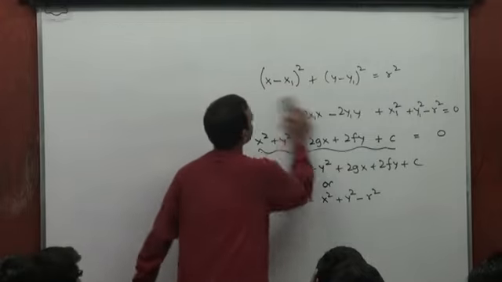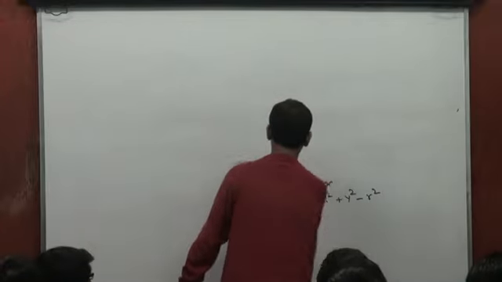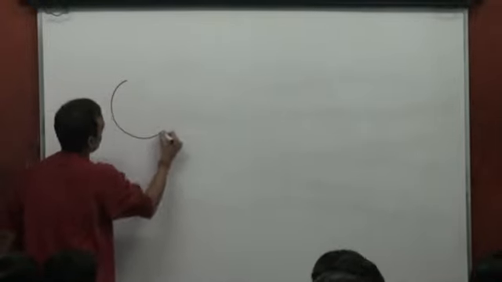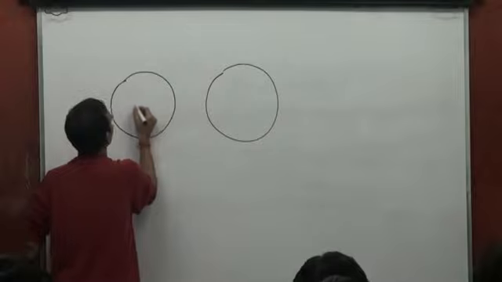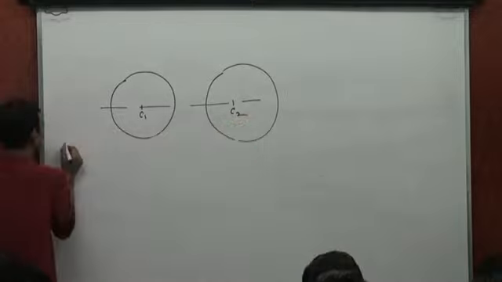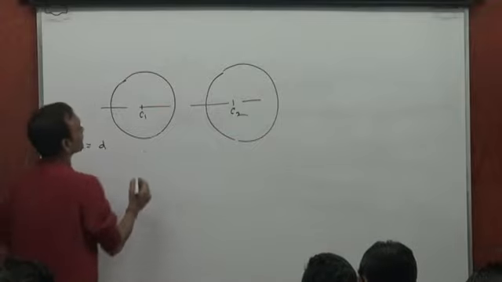Now, look, if there are two circles and the distance between their centers is d.